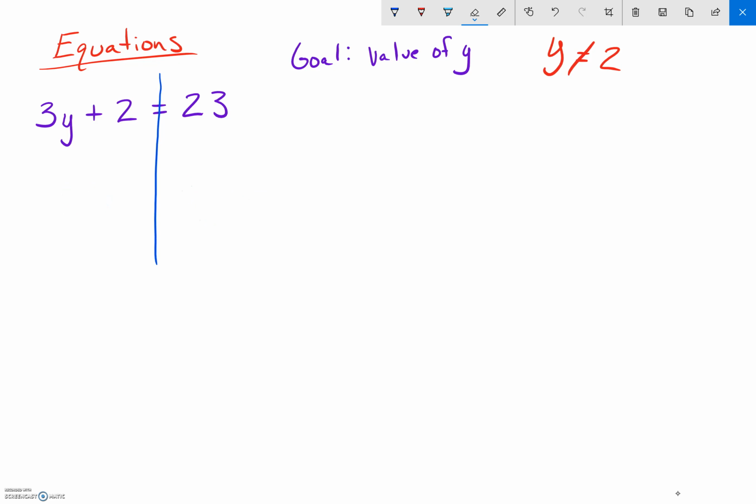Okay, start writing again with me. The goal is to find the value of y, or whatever variable we have. So to do that, we need to get that variable by itself. We need to get it alone. Right now it has a 3 with it, which is called a coefficient.